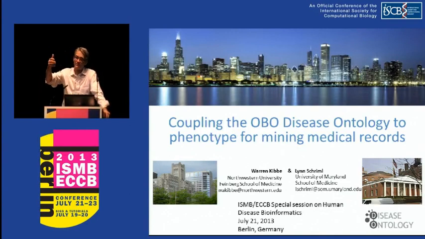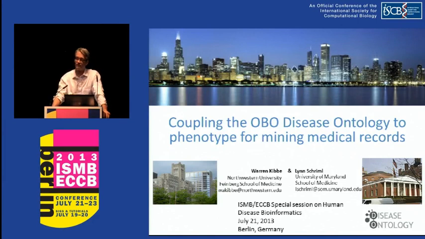I'll echo Lauren's comments. If people can come down a little closer, I think it will make for a better set of questions at the end of each of our presentations. So what I'd like to do is talk about some work that we've been doing, and it's been a big collaboration.